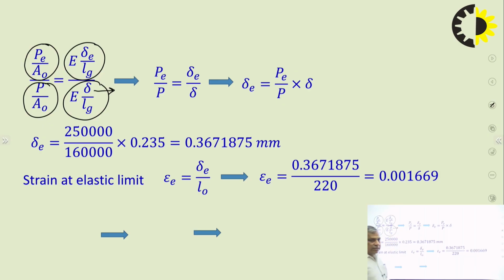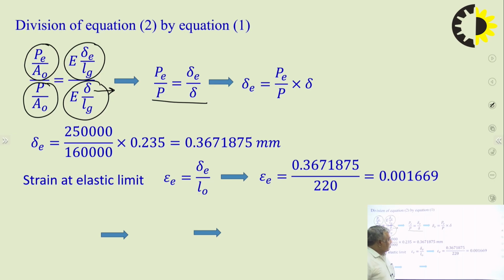So up to the elastic limit, there is a linear relationship, at least up to the proportionality limit. It is a linear relation, so we will get it from this relation. We can find delta E, because delta E is not given in our problem statement. So we need to determine delta E first, and then we will be able to find sigma.